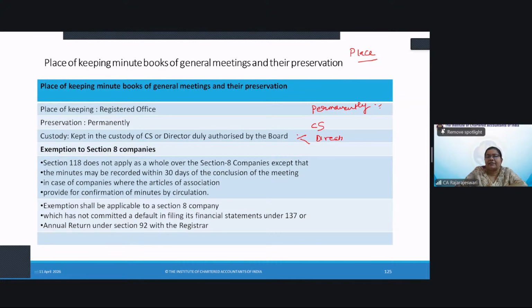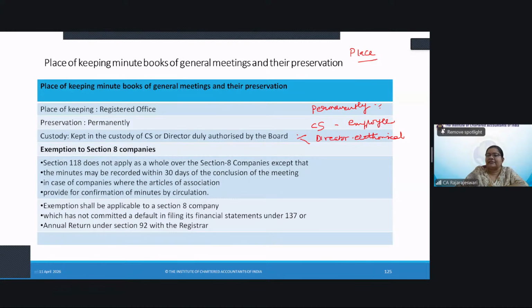If there is no company secretary, then an employee of the company. When I say company secretary, I mean an employee of the company who is a full-time company secretary, not a practicing company secretary, or a director duly authorized for maintaining these minutes.